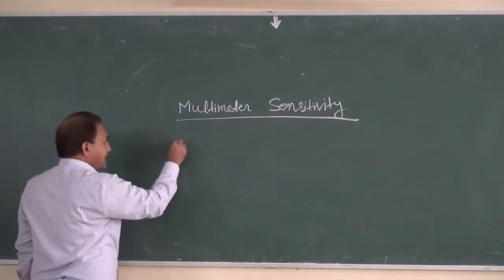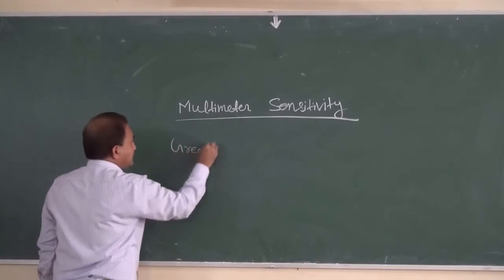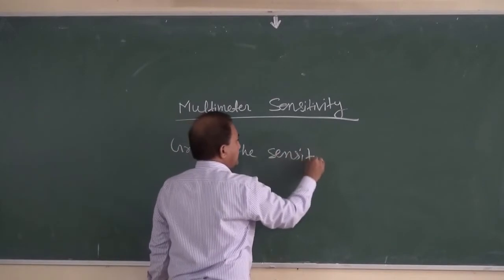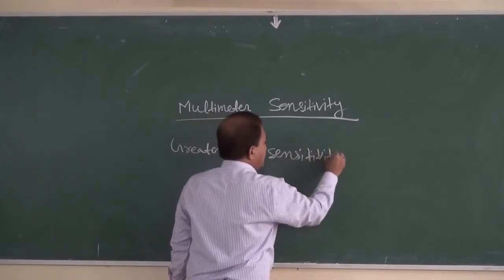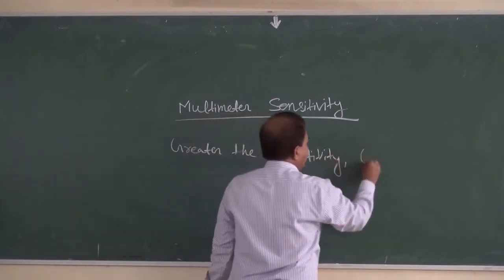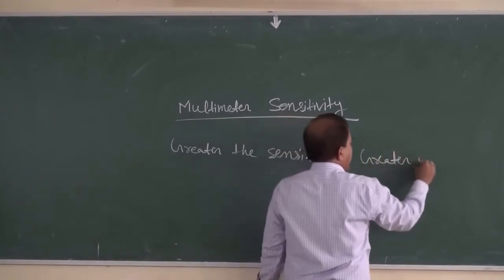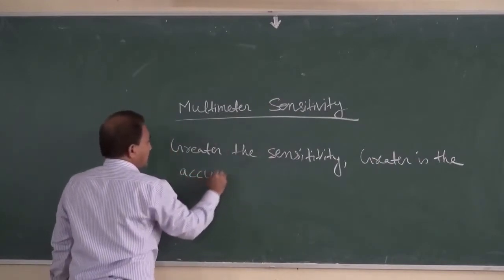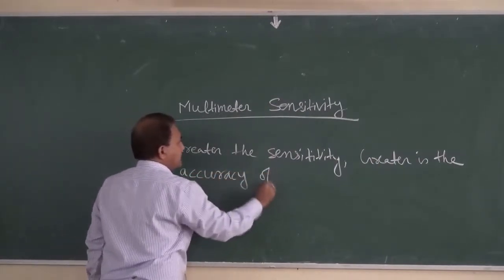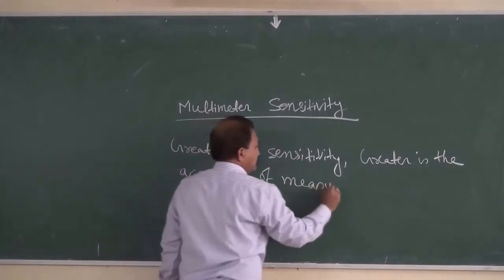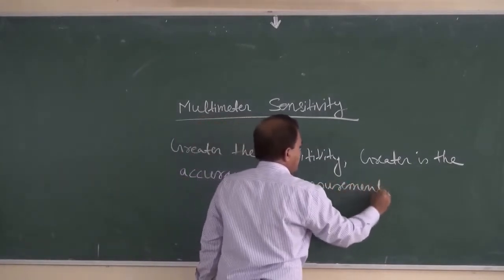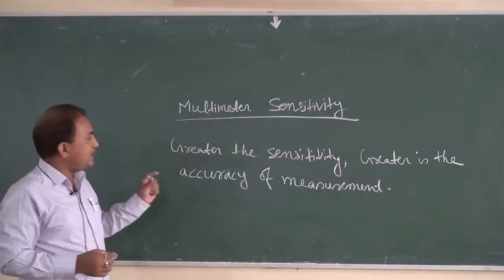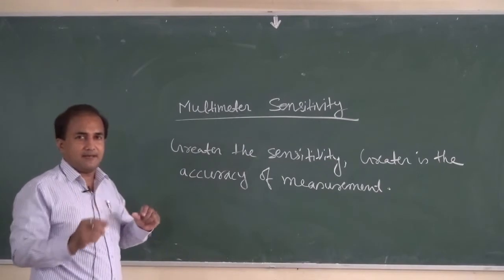You can write: greater the sensitivity, greater is the accuracy of measurement. Greater the sensitivity of the meter, greater will be the accuracy of the measurement.